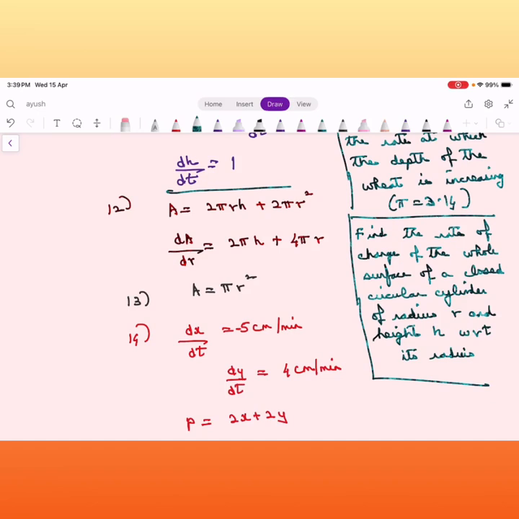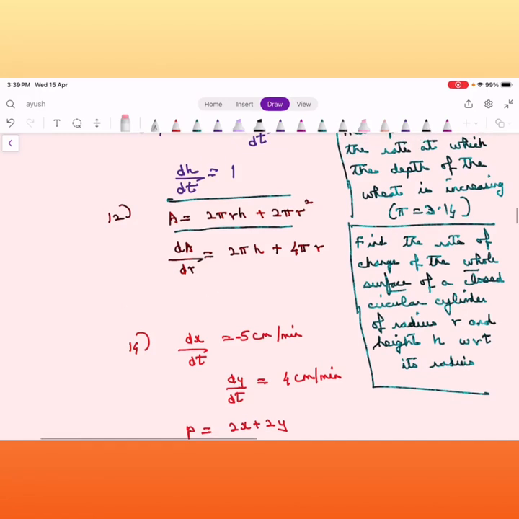So this is question 12. So we have to find the rate of change of the whole surface area. What is the formula for the whole surface area of a cylinder? 2 pi rh plus 2 pi r squared. So you have to calculate the rate of change with respect to the radius. So dA by dr will be 2 pi h plus 4 pi r. So that concludes this first session on applications of derivatives, rate of change.